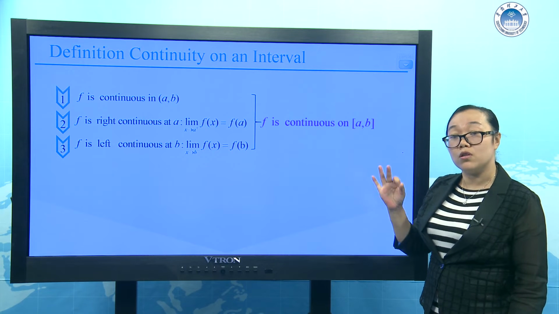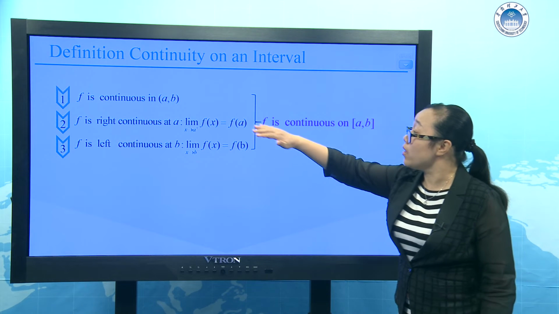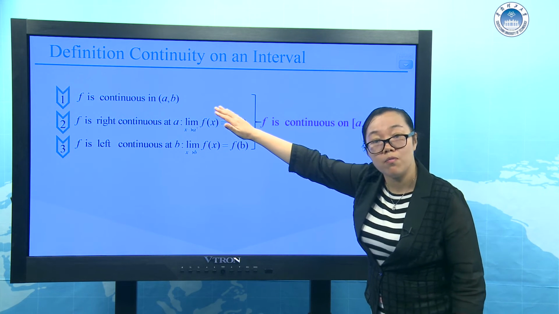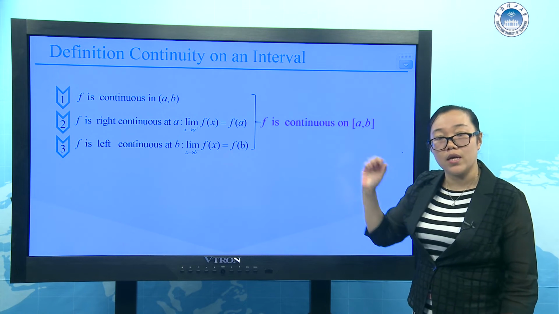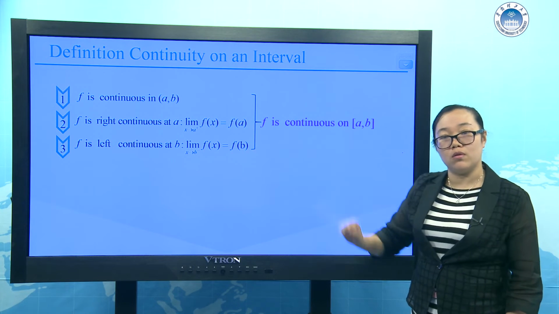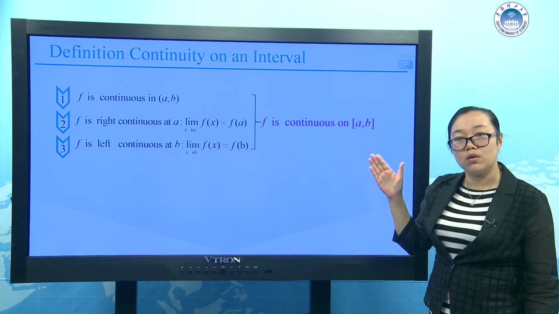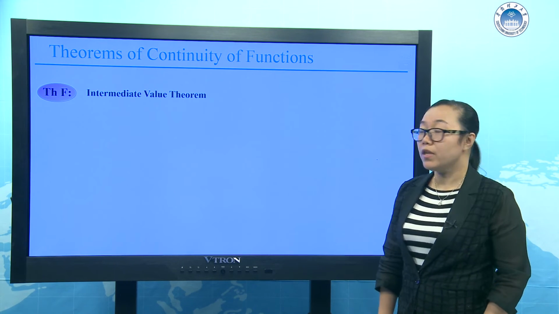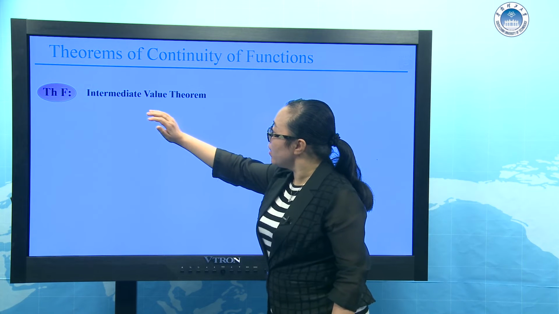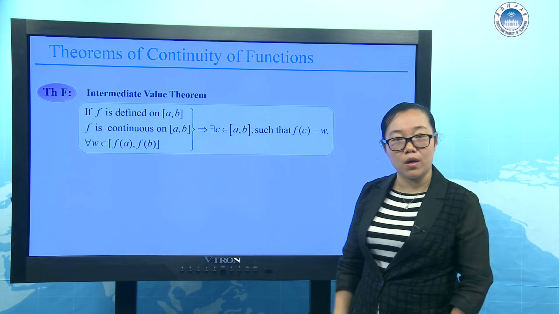Pay attention to the three conditions. f is continuous on the open interval. At a, right continuous. At b, left continuous. The result: continuous on the closed interval. Now we look at theorem F, the intermediate value theorem.